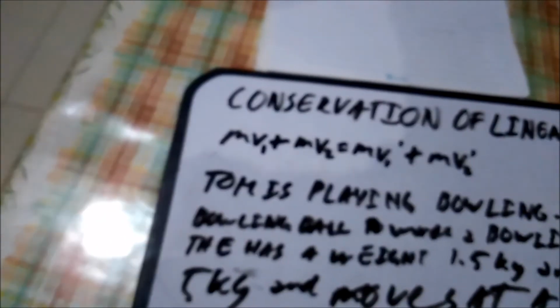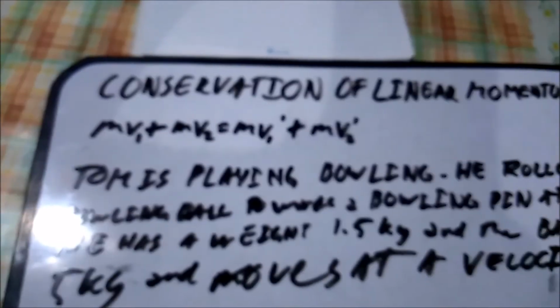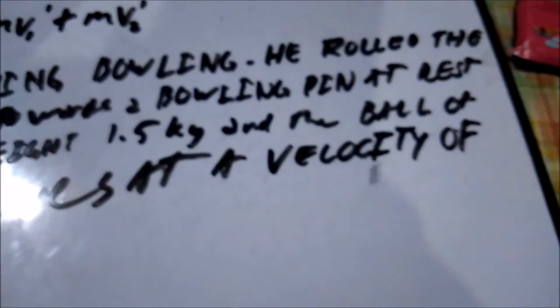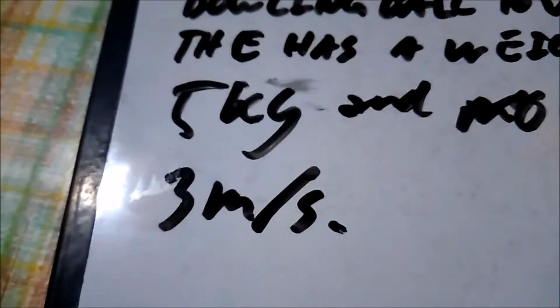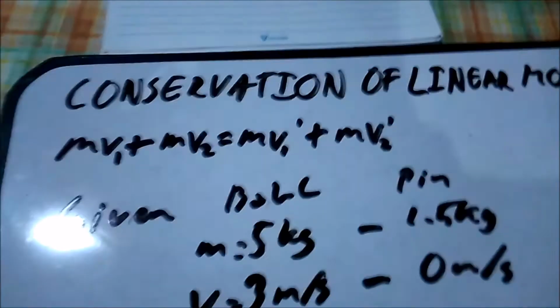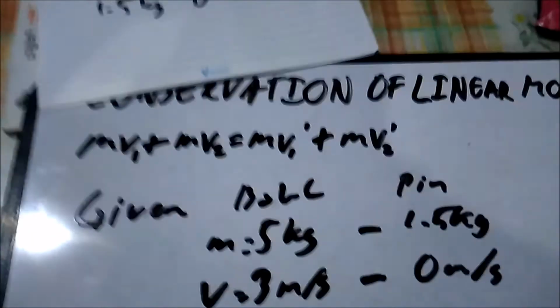The bowling pin at rest has a mass of 1.5 kilograms and the bowling ball has 5 kilograms with a velocity of 3 meters per second. Now my gadget's almost out of battery, but I'm going to make it quick. I have copied the given, so now we're going to use this formula.